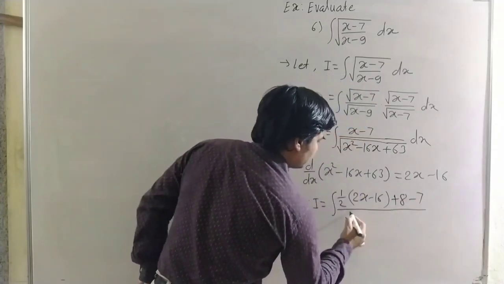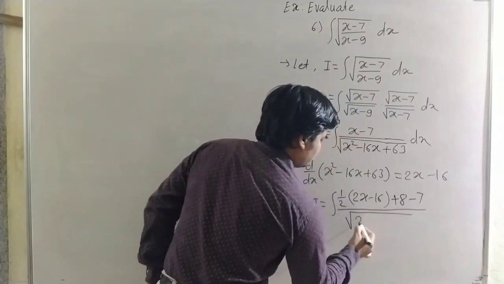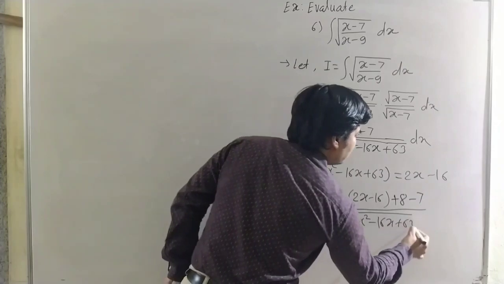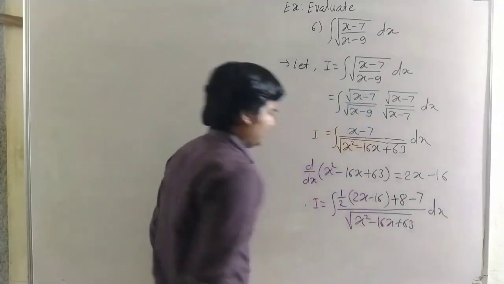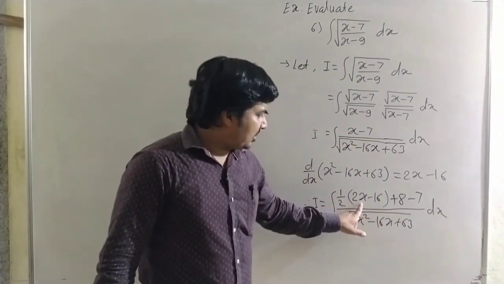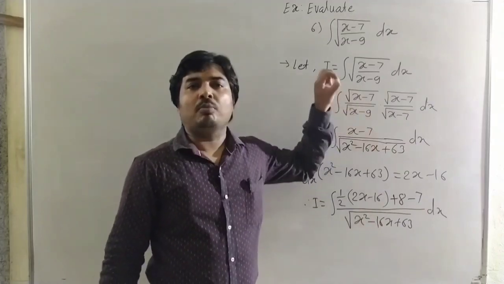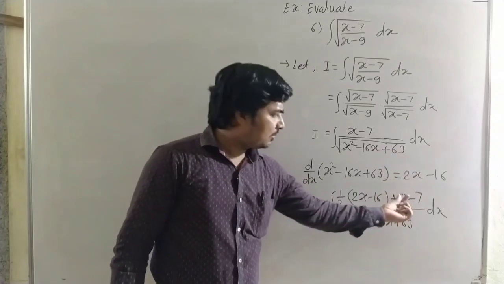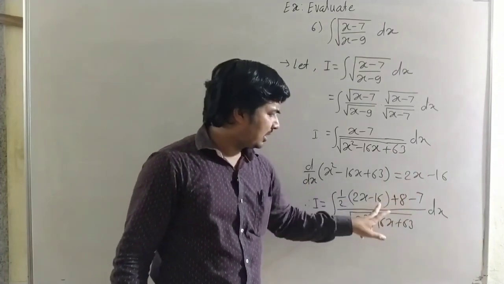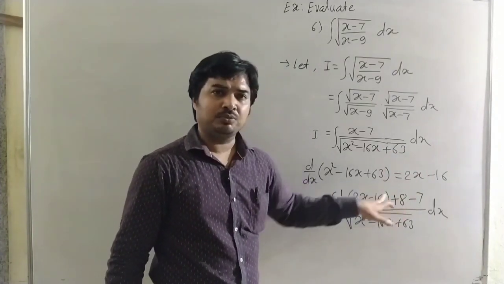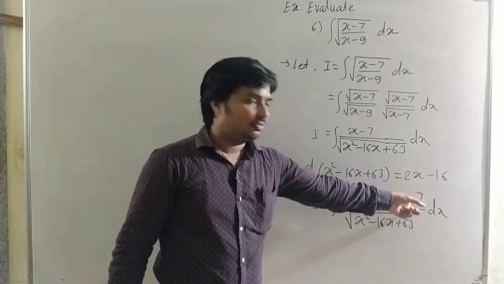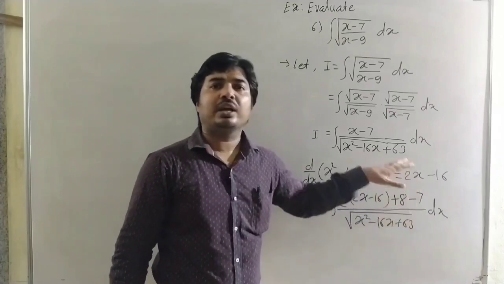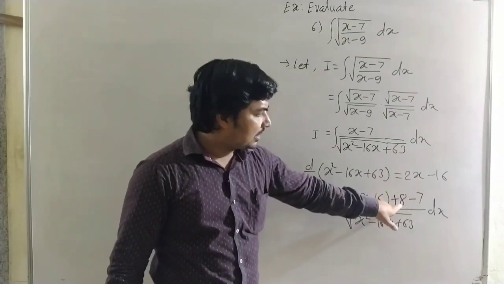upon under root of x square minus 16x plus 63, dx. When we multiply by 1 by 2, it is x and it is minus 8, but we want minus 7. Here minus 8, we want minus 7, so we can directly write plus 1. But the procedure is: we cancel the minus 8 with plus 8 and write the minus 7, and then the calculation is plus 1.